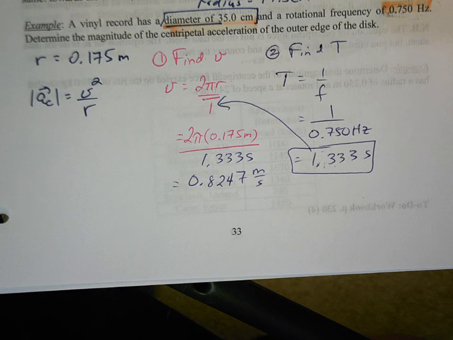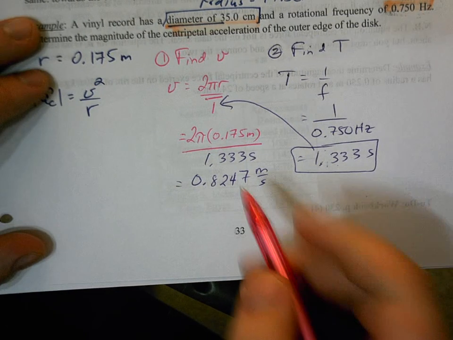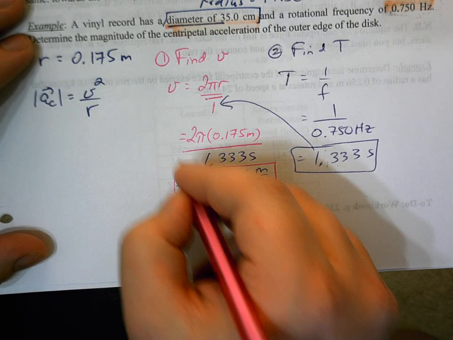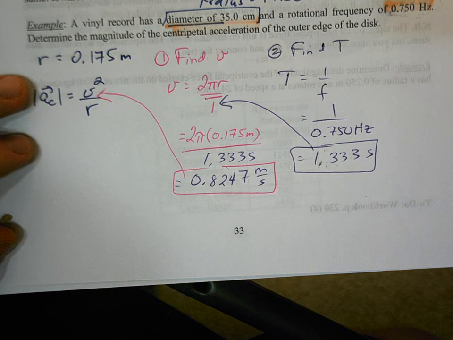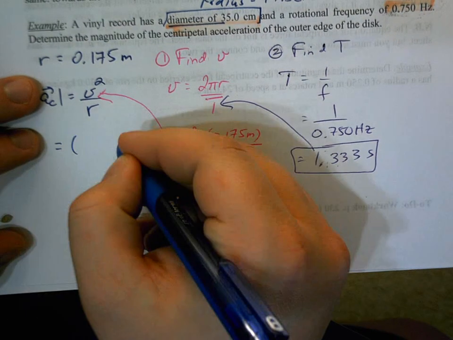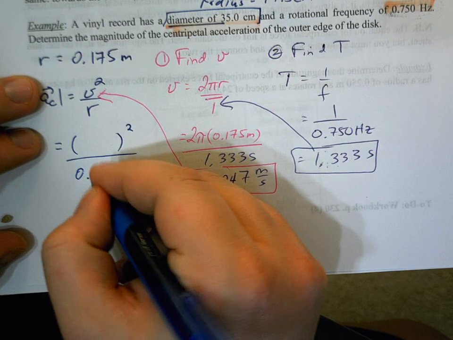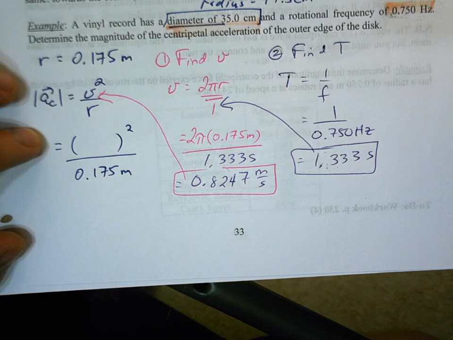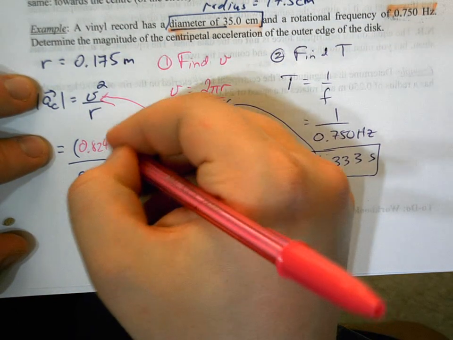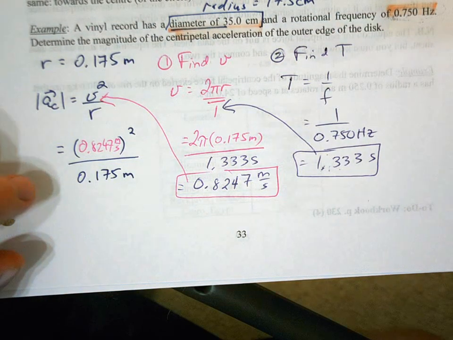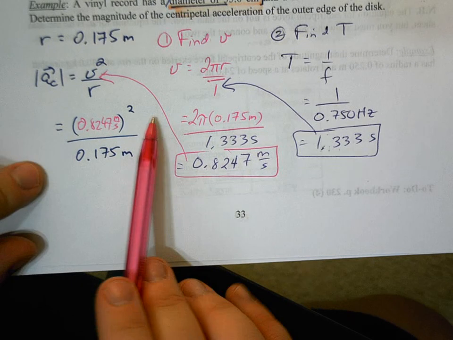All right, now that we know the speed, we can take that into our equation for the centripetal acceleration. The last thing is we're going to plug in that speed that we just calculated and divide it by the radius. I'm sure I don't have to remind you, but the biggest mistake that happens for centripetal acceleration is forgetting the square there.